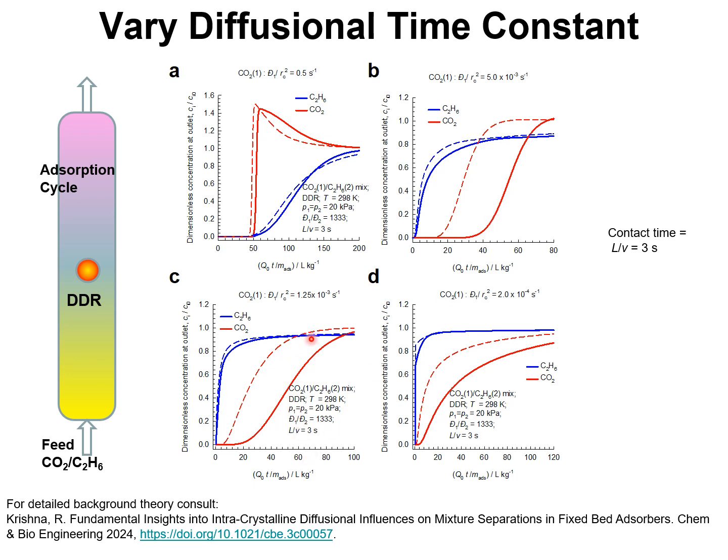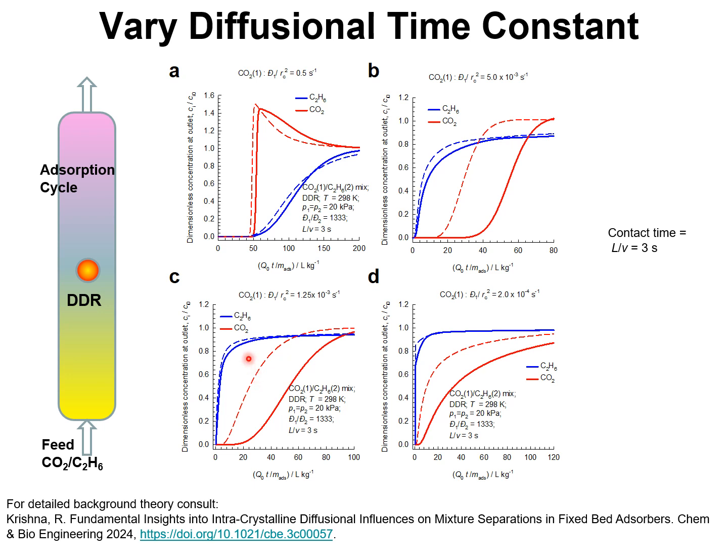Indeed, if the diffusional time constant is reduced further, the LDF model fails even more significantly in predicting the breakthroughs, and the agreement with the rigorous Maxwell-Stefan formulation is very poor indeed.